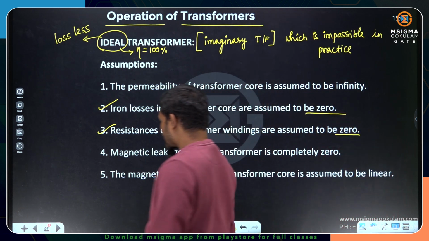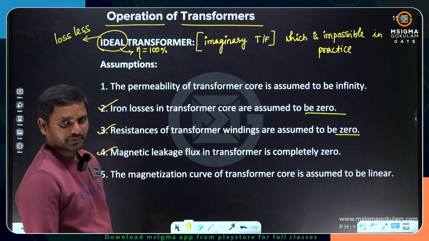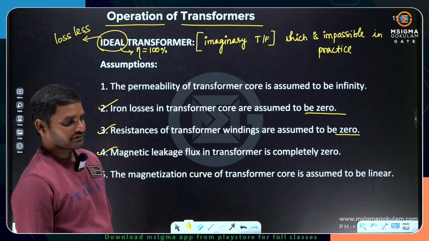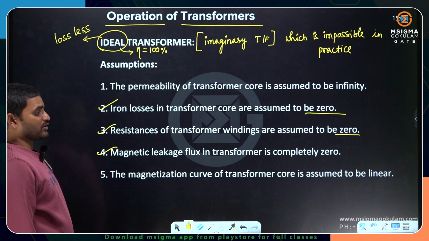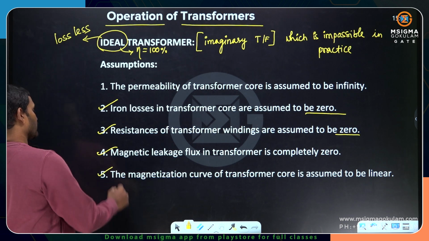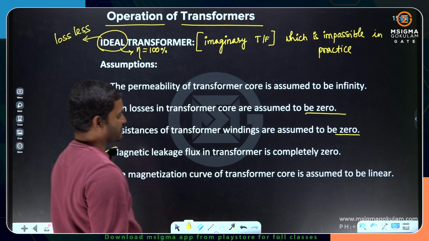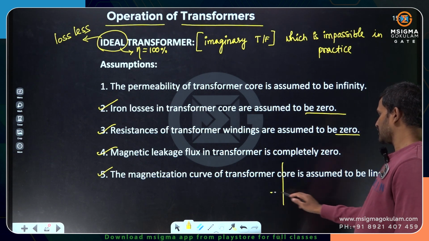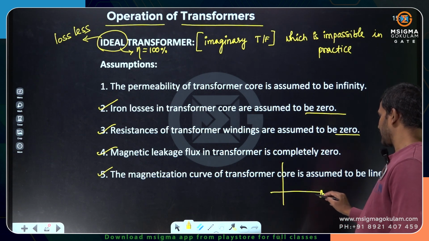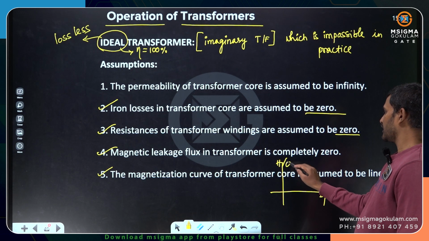There are other things also, like leakage flux should be zero. It's not possible, right? Definitely some leakage will be there. The other thing, the magnetization curve of the transformer core is assumed to be linear. He is expecting linear, which in another way means the hysteresis losses should be zero. We will be having a BH curve, B and H, or otherwise I and phi.